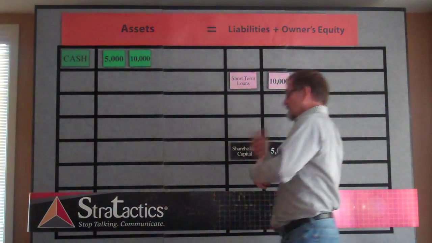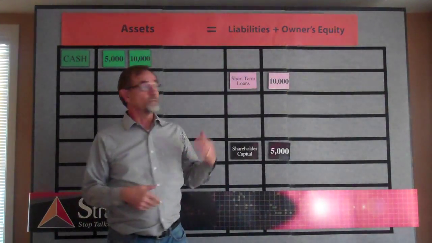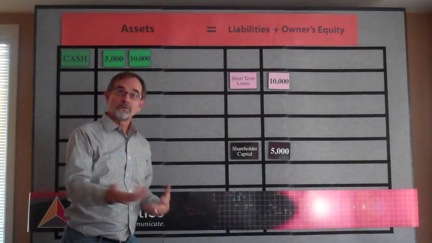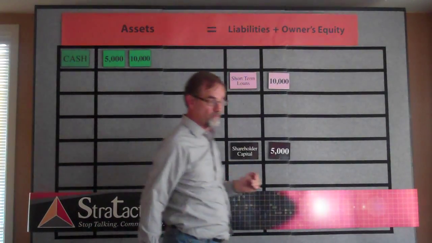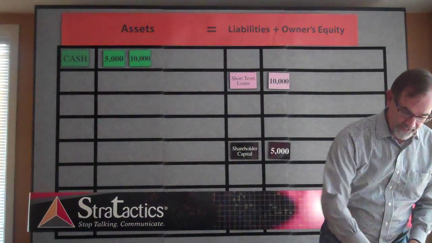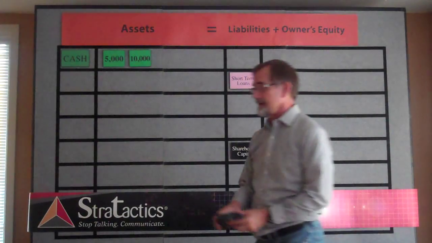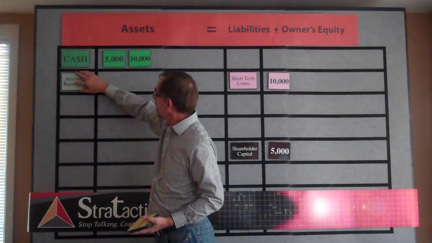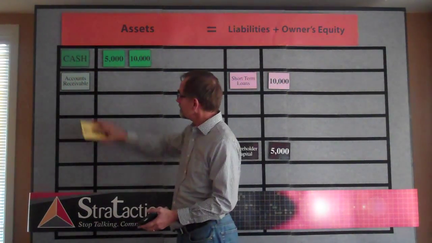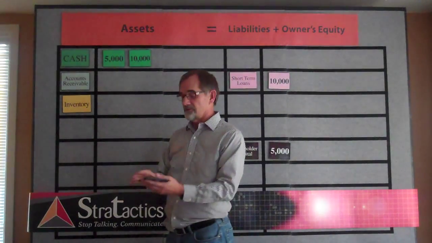Now, clearly as we move along in our business, we're going to spend money. We'll owe other people money. People owe us money, so it's going to get a little more complicated. Let's just see what assets we might add. As customers owe us money, we'll add accounts receivable. If you sell a physical product, you're going to have some inventory.